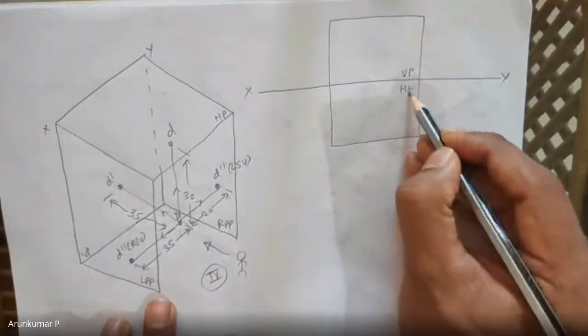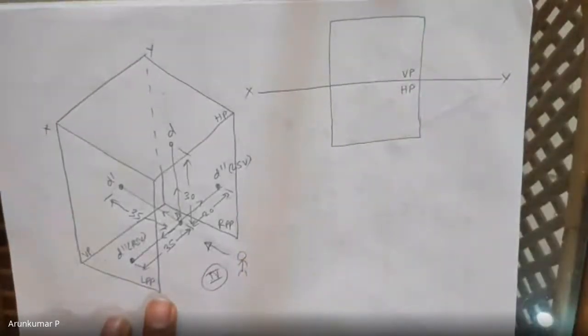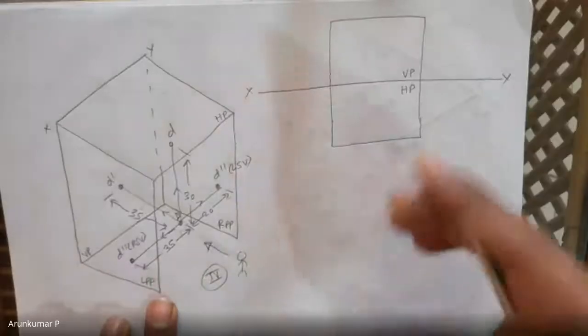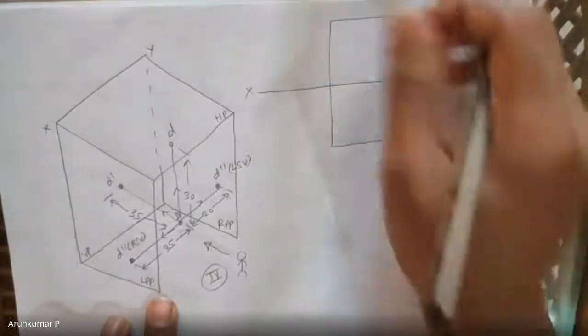This is the horizontal plane. Am I correct or wrong? Horizontal is above and vertical is below. Or both are below. Vertical plane is below. Exactly. We are dealing with the fourth quadrant.